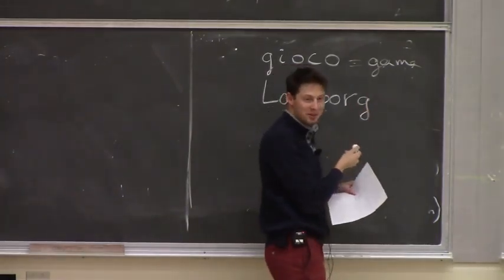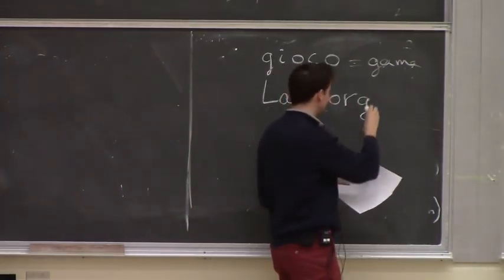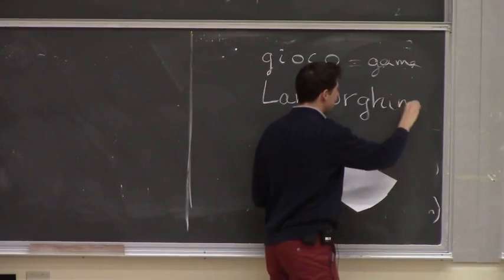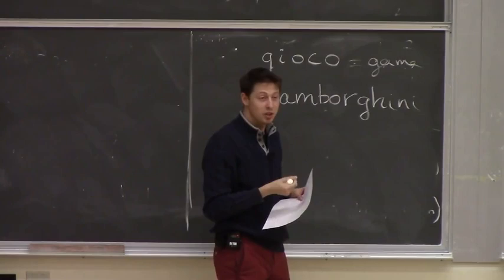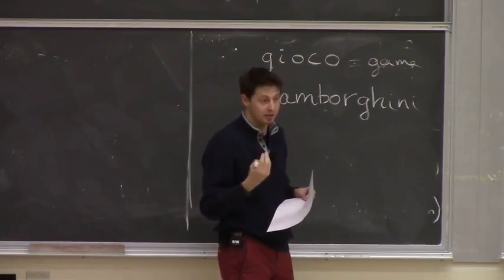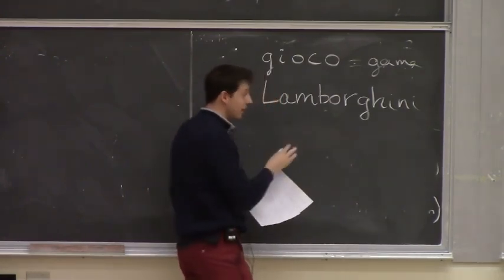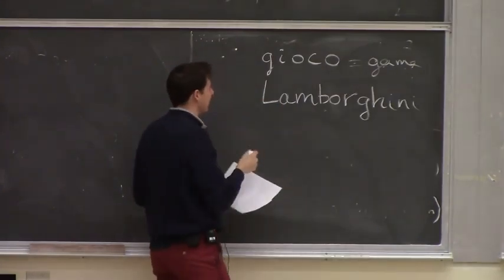And then we get to the critical part here. H, right? What does the H do there? It makes the G hard, okay? Like in my last time, just for C, right? So this is actually Lamborghini. Please don't say Lamborghini, like it's terrible.